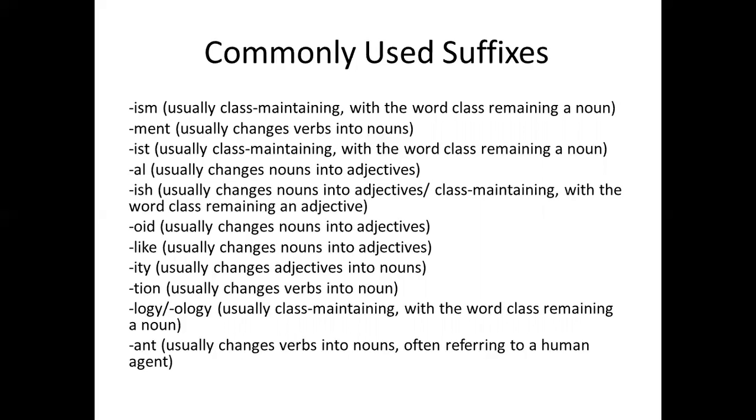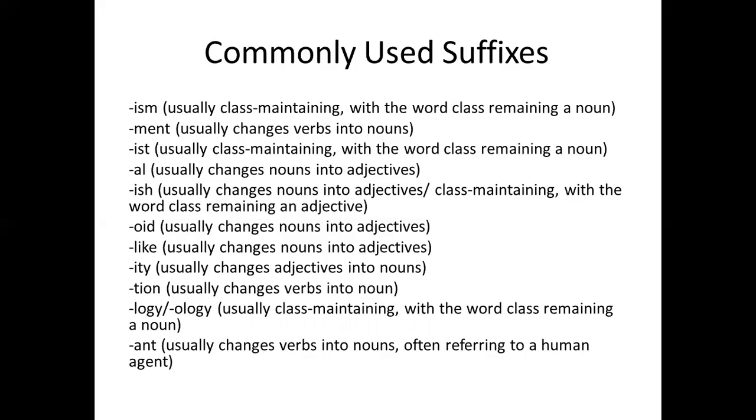Now this is of course class maintaining, although sometimes ist can also be used to change the class, if you were to apply it differently, but mostly it is class maintaining. So Marx, noun. Marxist, after adding the suffix ist, again a noun.